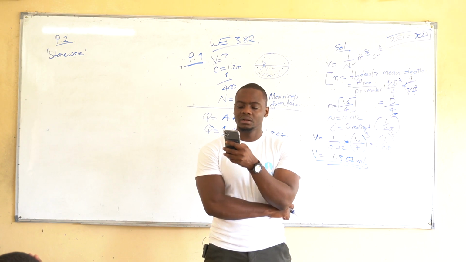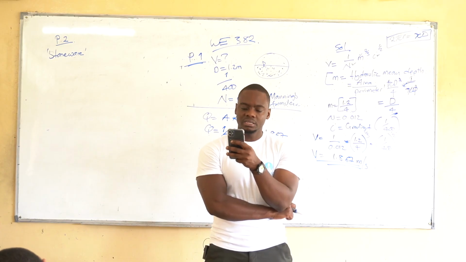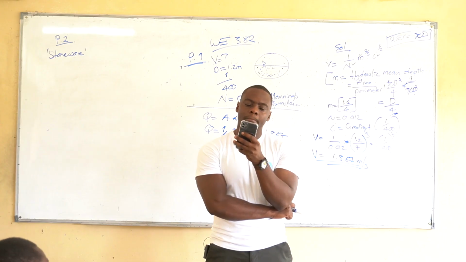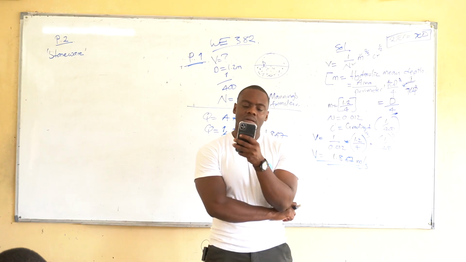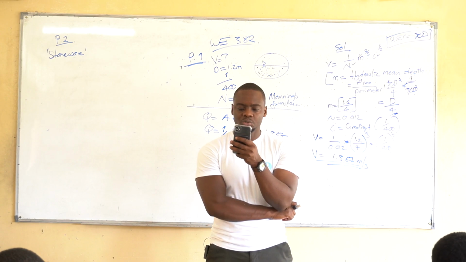The diameter of the sewer is 150 millimeters, and it is laid at a gradient of 1 in 60, full stop.